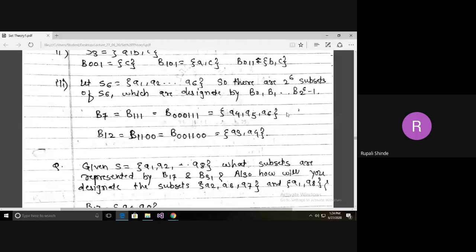Okay, so next example you have to solve. In this given set there are a total of 8 elements. Here we have to find out the subsets represented by B17 and B31. First of all, find out the number of elements included by B17.